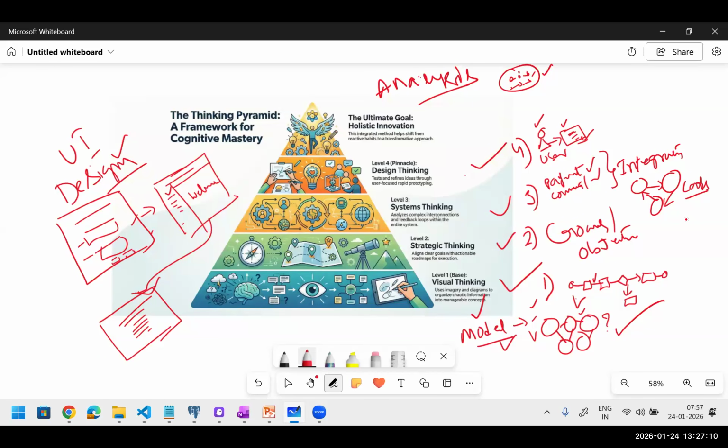Maybe the sequence is wrong: this step is not here, this step is supposed to come here, this step is supposed to go here. But you see that only if you model it in a diagrammatic format.